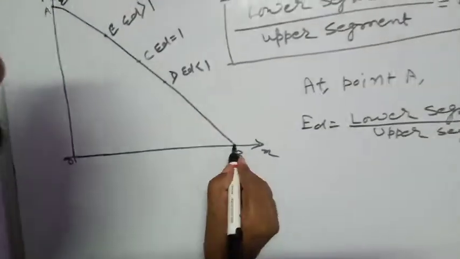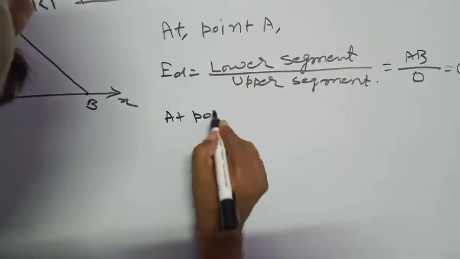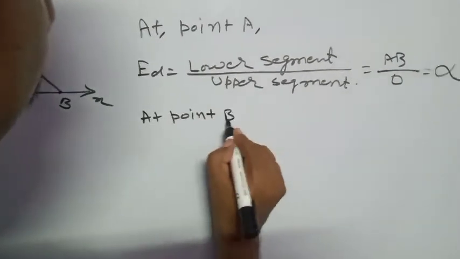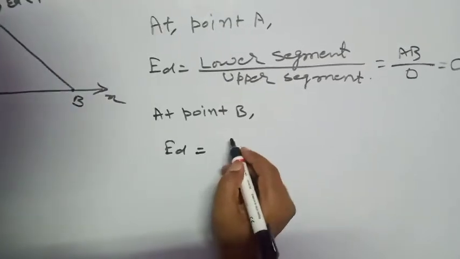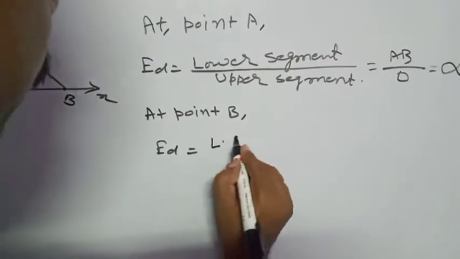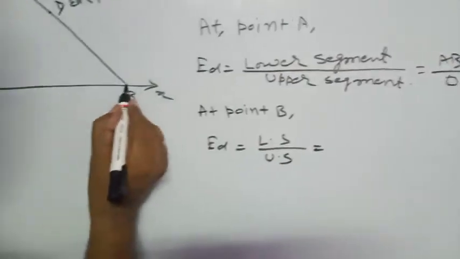Now come to the point B. At point B, ED is equal to lower segment divided by upper segment. Lower segment is how much?